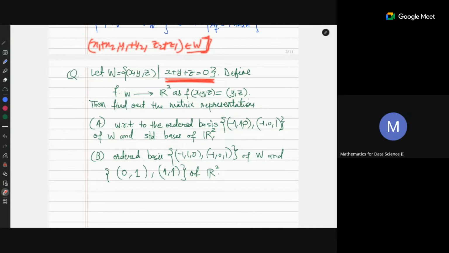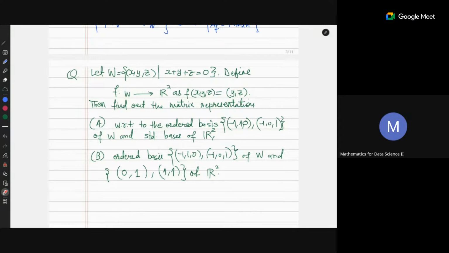Does it satisfy this condition? Yes, it does, because (x1, y1, z1) and (x2, y2, z2) also satisfy this condition. Simple as that, and same for the scalar multiplication. There is nothing fancy about it. So coming back to the topic, this is a subspace of R3.